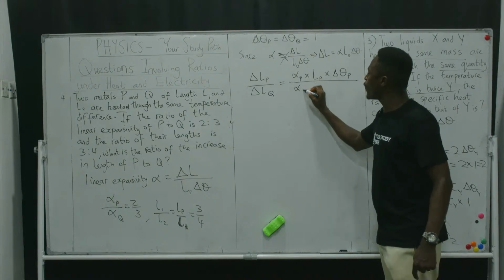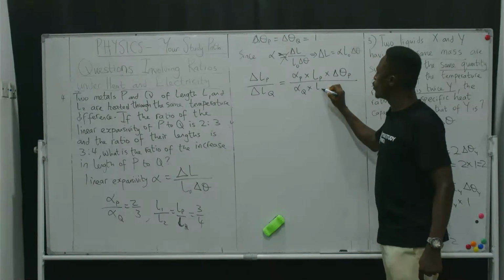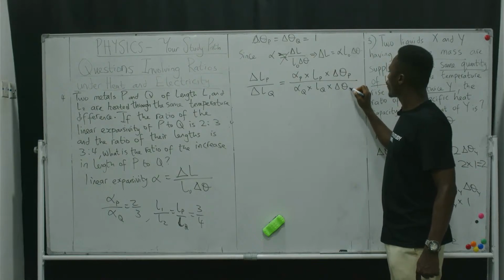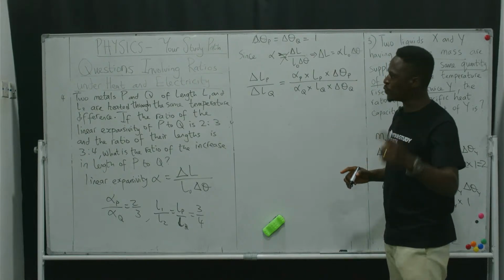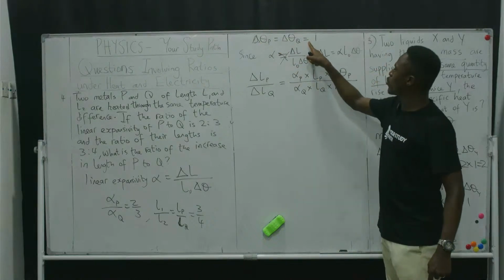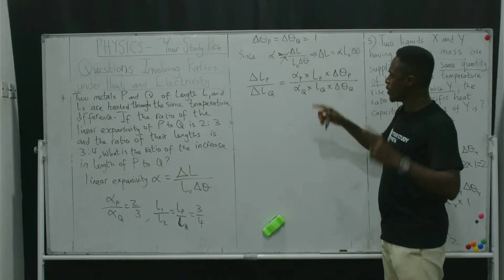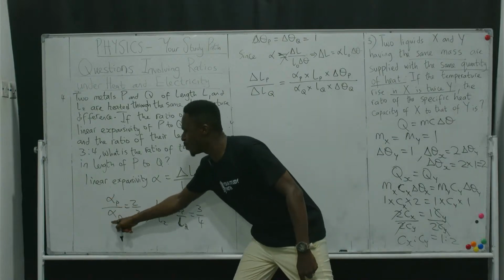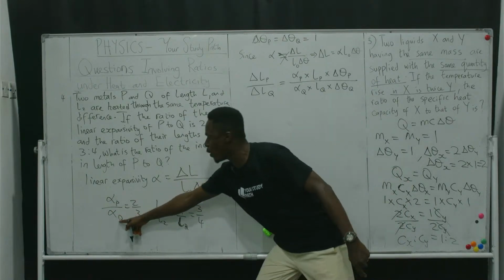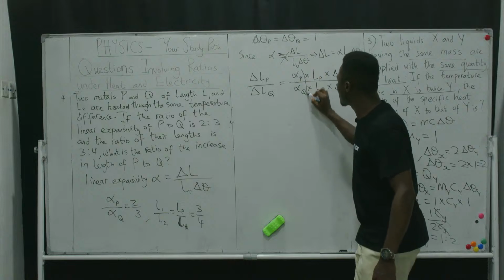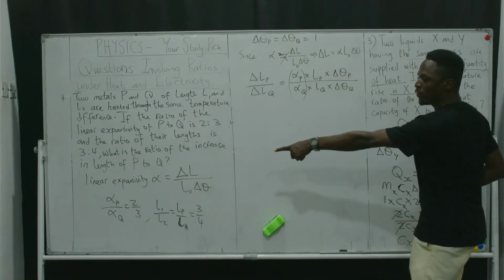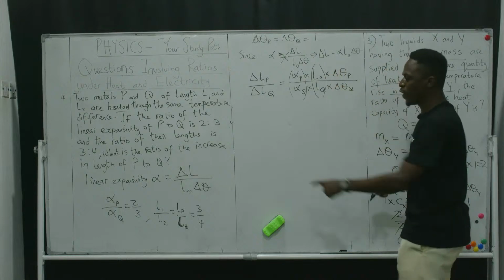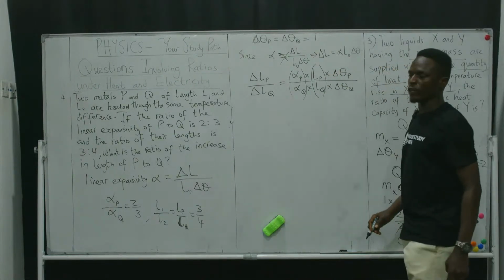So I'll have alpha of Q multiplied by original length of Q multiplied by change in temperature of Q. See what happens. We said that for change in temperature, the value is equal to 1. But here, we've easily been able to coin out change in L of P over change in L of Q, alpha of P over alpha of Q. Meaning that this side over this side, we have a value for it. Similarly, this value over this value, we have a number for it.